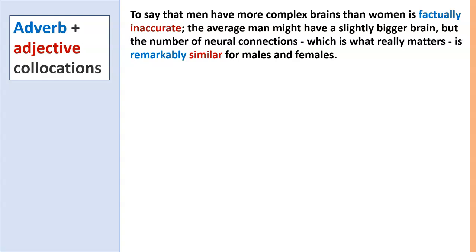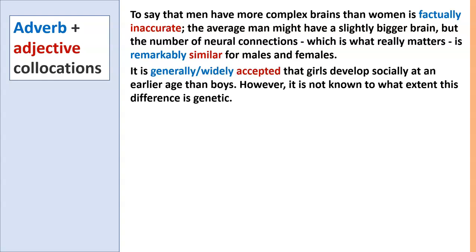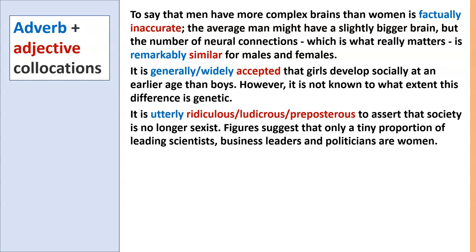Something can be factually inaccurate, so untruthful. And remarkably similar. Two things can be nearly the same. We can use generally or widely accepted when we want to indicate that most people believe something, and utterly ridiculous, ludicrous, or preposterous when we want to say that something is really stupid and nobody should believe it.